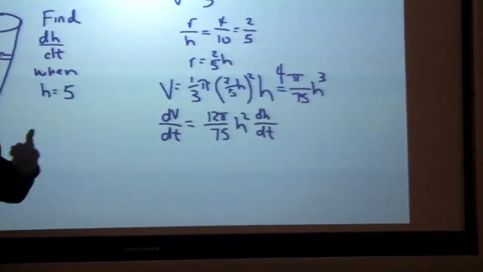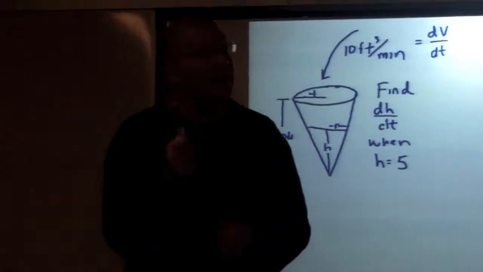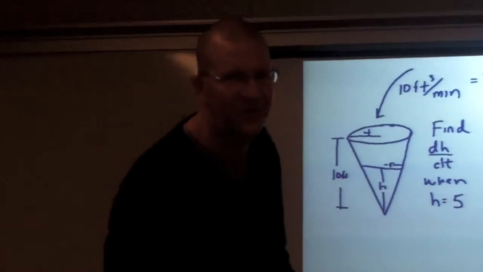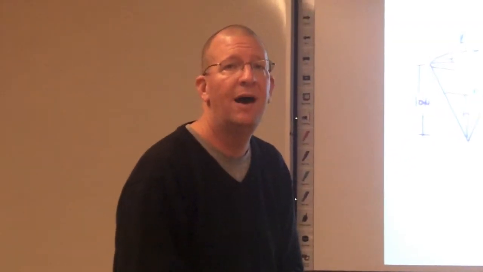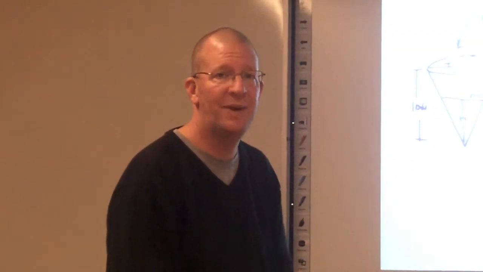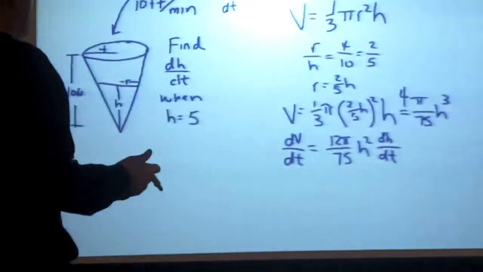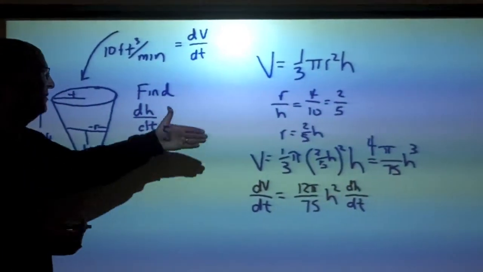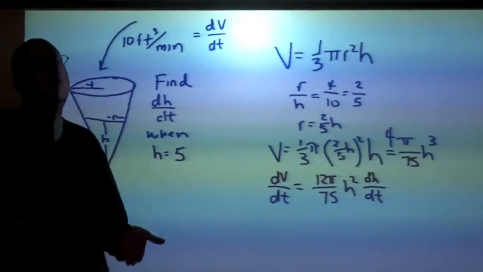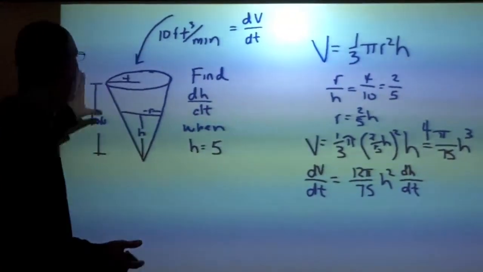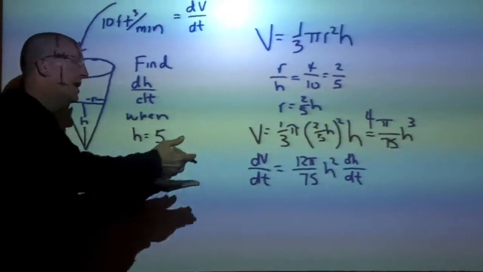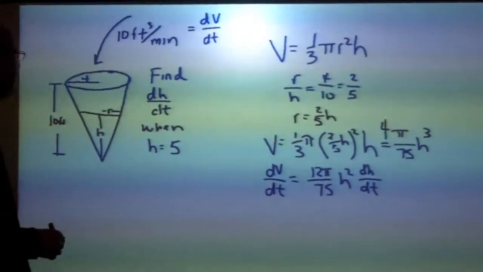This is just like, and in fact, it is another implicit differentiation problem. This time, as all of these related rate problems, I'm differentiating with respect to t. Now, differentiate, then substitute. Let's take our values, plug them in, and get our answer.